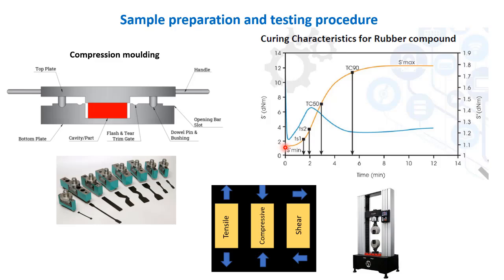This is how it goes when it is at 50% curing, for example. So it is with temperature. This is the maximum temperature at which 90% cure is done, with respect to time. And then, I've already told about the tensile, compressive and shear testing.